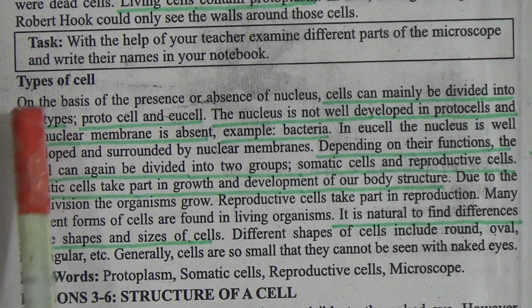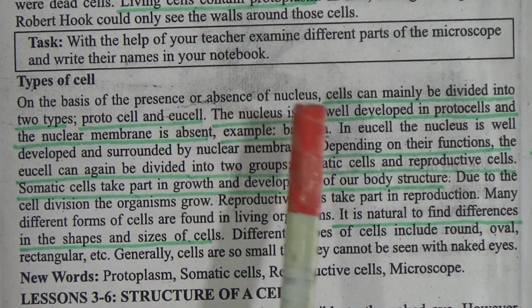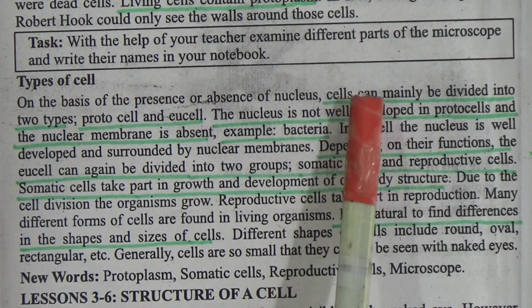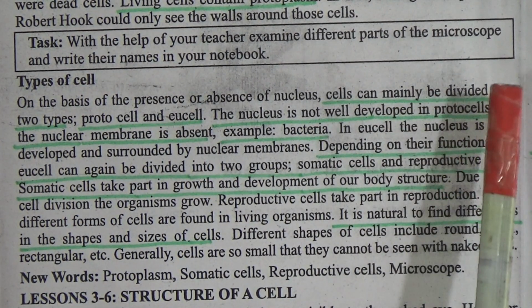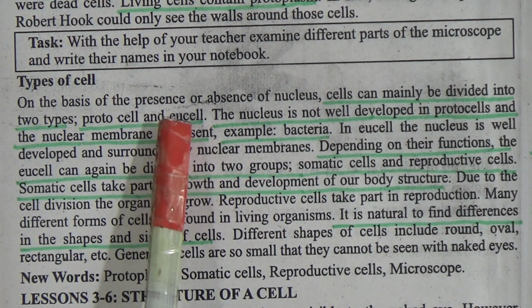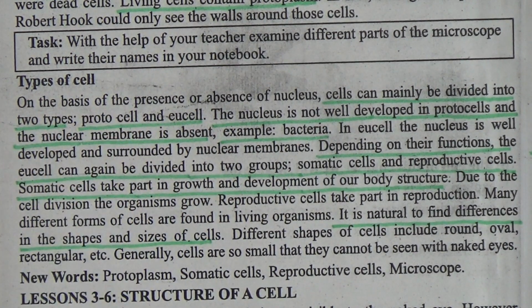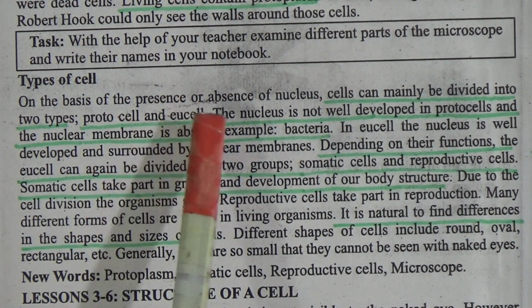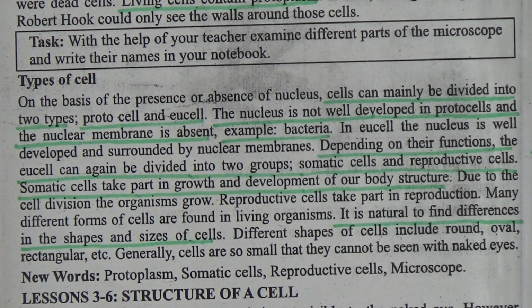Types of cell. On the basis of the presence or absence of nucleus, cell can mainly be divided into two types: protocell and eucell. Protocells are the cells whose nucleus is not well organized, and eucells are the cells whose nucleus is well organized.